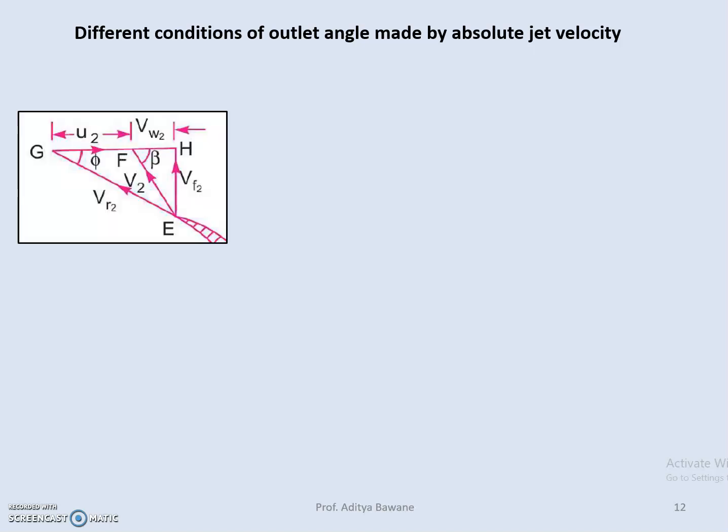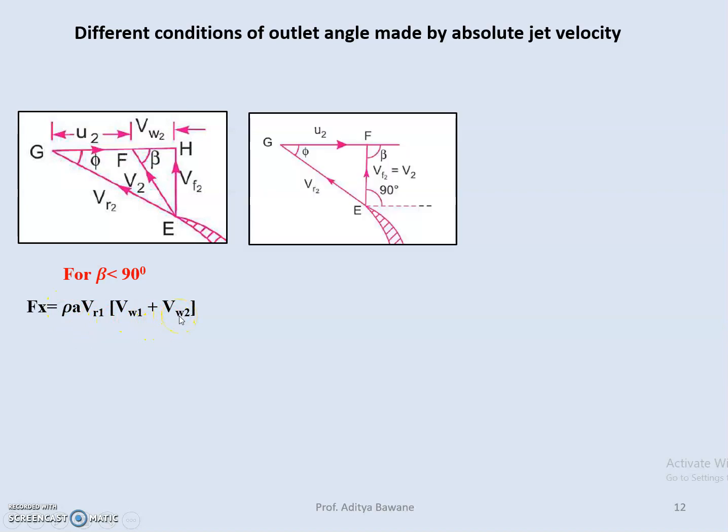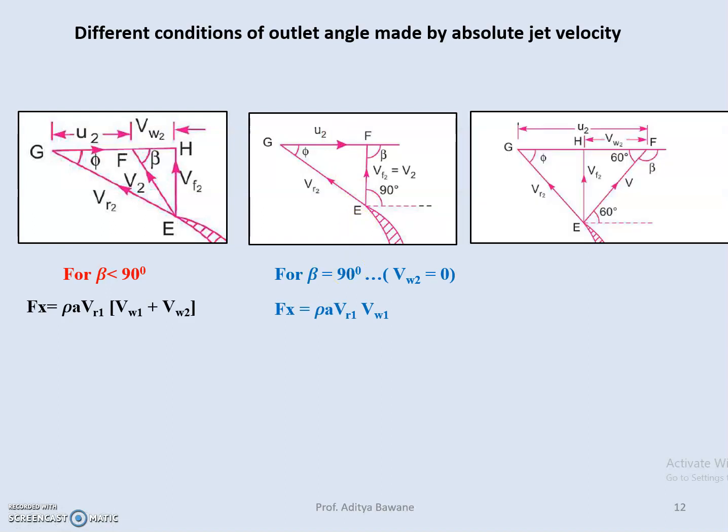So these are the different conditions of outlet angle made by the absolute jet velocity. In the first case, when beta is less than 90, Fx equals rho a VR1 (VW1 plus VW2). In the second case, when beta equals 90 degree, VW2 becomes 0 and U2 becomes larger, so the equation becomes Fx equals rho a VR1 VW1.